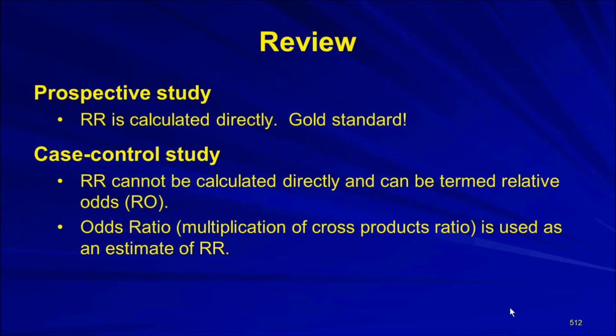So an odds ratio is an estimate of relative risk, and we designate this as OR versus RR. I'll show you in a minute that this is just a multiplication of cross products and is used as an estimate of relative risk. And relative odds would be calculated the way we calculate an odds ratio.